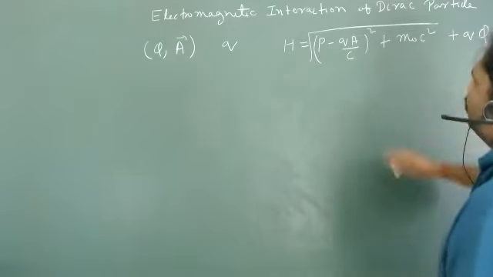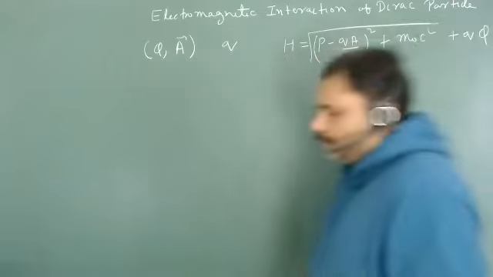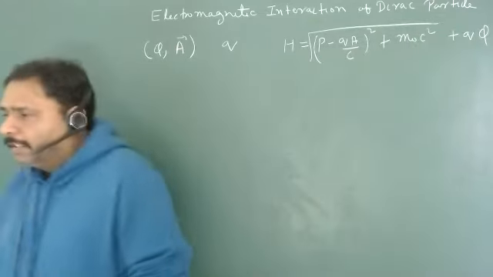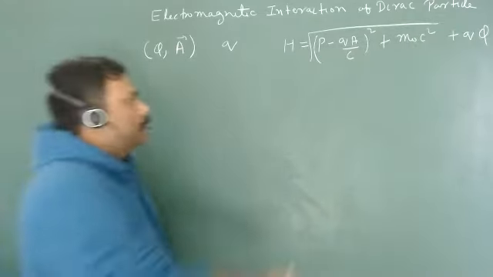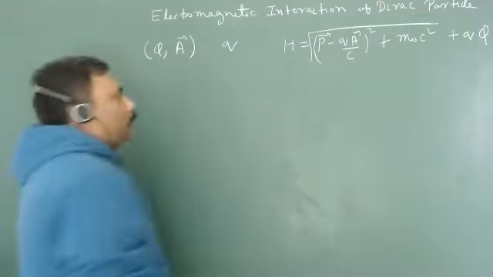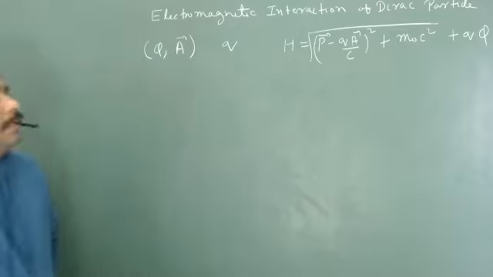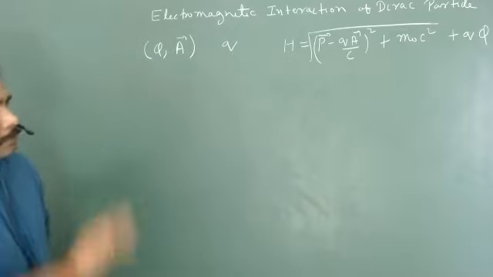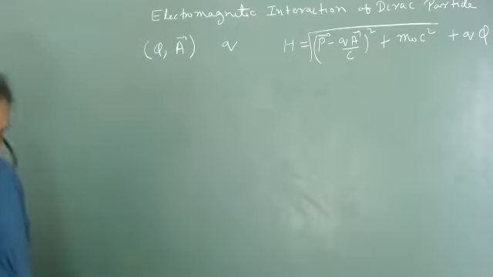Here P and A are vector terms: P is momentum and A is my vector potential. So this is my Hamiltonian.